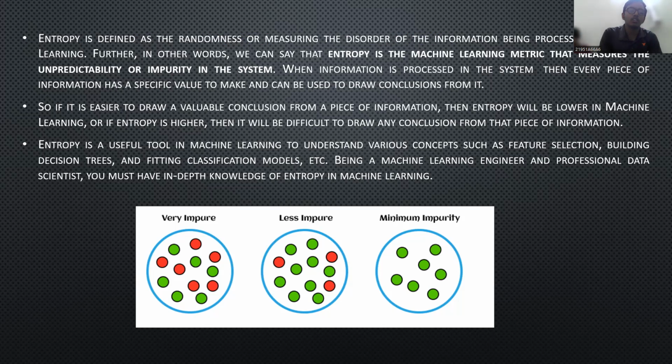Entropy is a useful tool in machine learning to understand various concepts such as feature selection, building decision trees, and fitting classification models. Being a machine learning engineer and a professional data scientist, you must have in-depth knowledge of entropy in machine learning. This is very pure, this is less impure, this is very impure, minimum impurity.